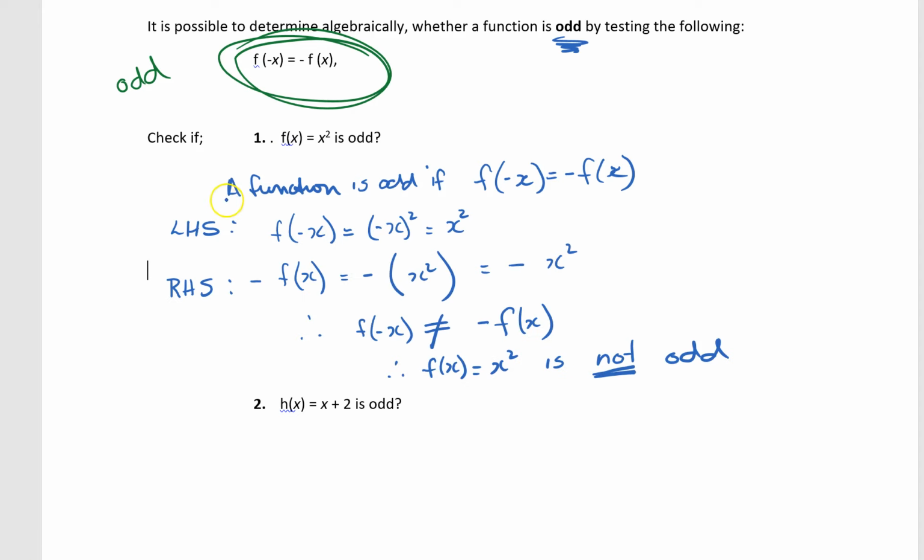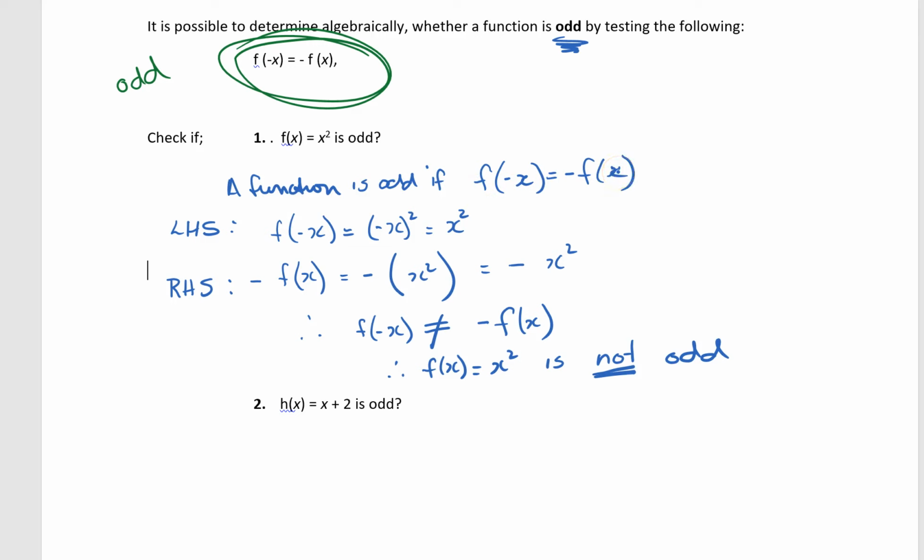Okay, so you can see there we've started off making the statement, a function is odd if, and this is the algebraic property. And like I said, the purpose of that is twofold. One, to keep you on track as to what you're doing. You're showing if the function is going to be odd using this condition.